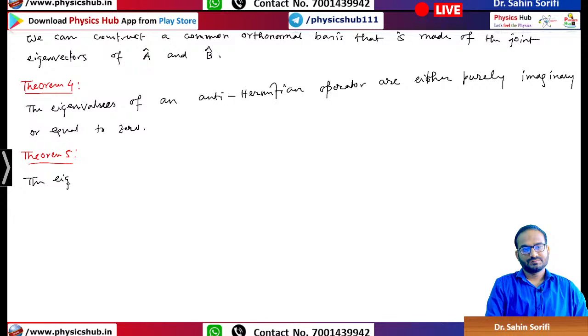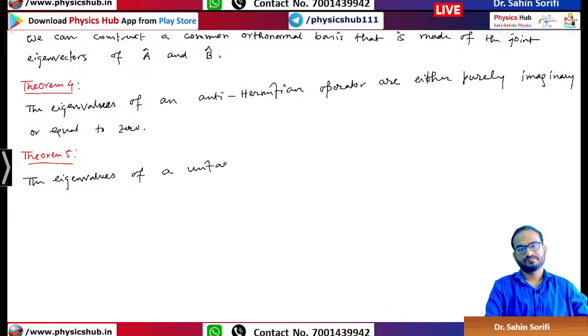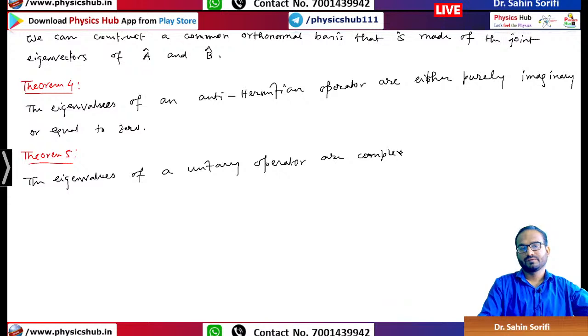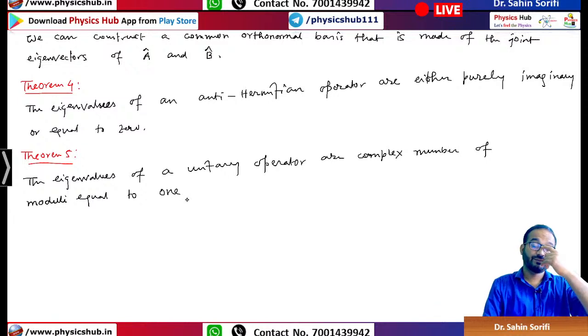The eigenvalues of a unitary operator are complex numbers of modulus equal to 1. So we have also talked about it in the matrix part.